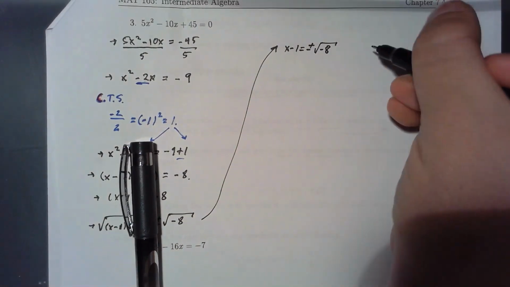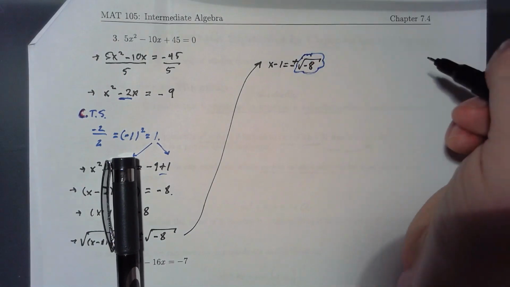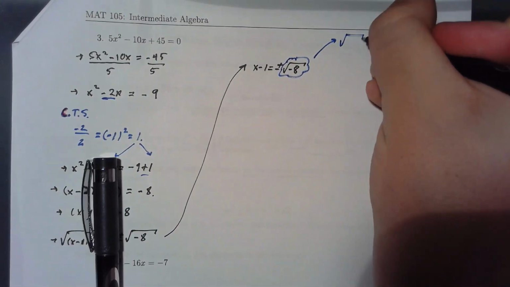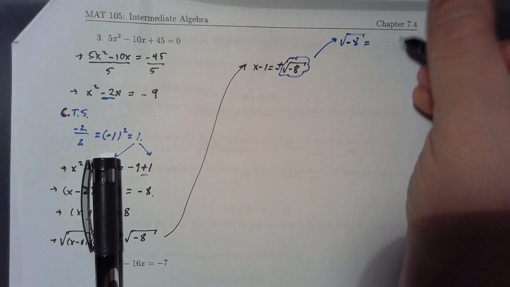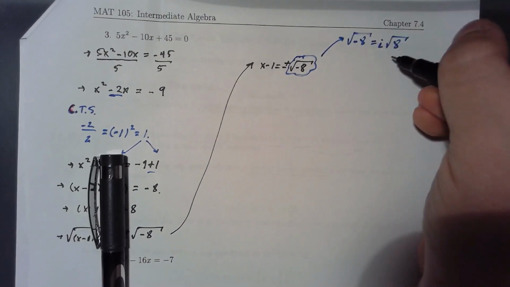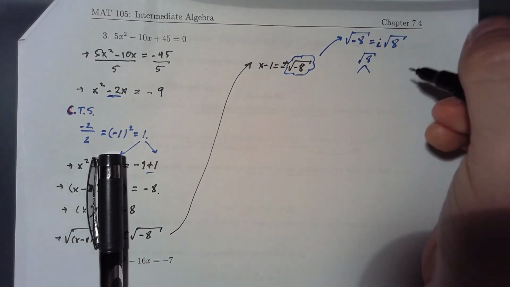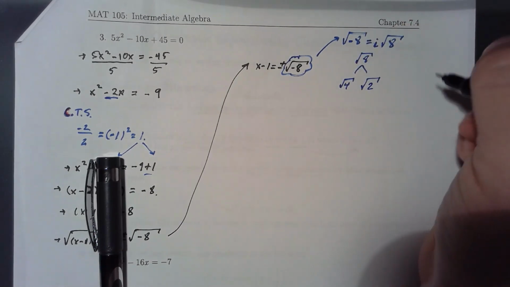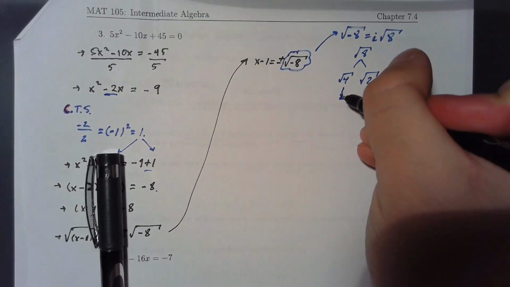So when I simplify that, let me do that over here. Root -8, if I pop an i out of there, that's going to be i root 8, right? Now the square root of 8, what does that simplify to? Well, I could factor out the square root of 4 and the square root of 2, because 4 is a perfect square, which is 2.